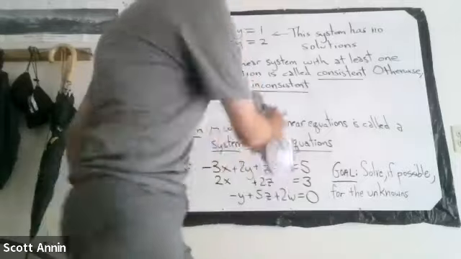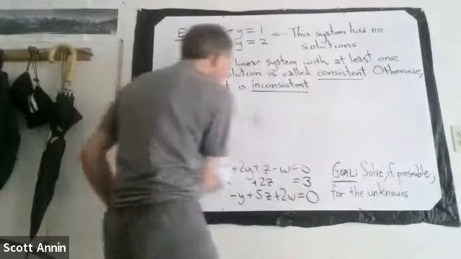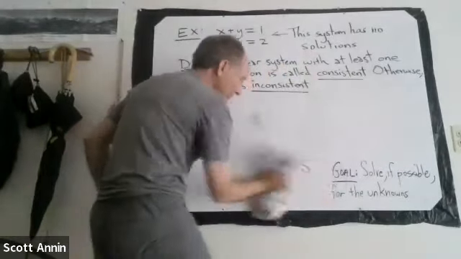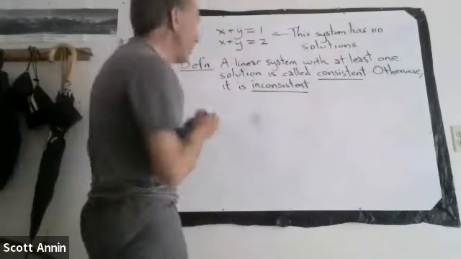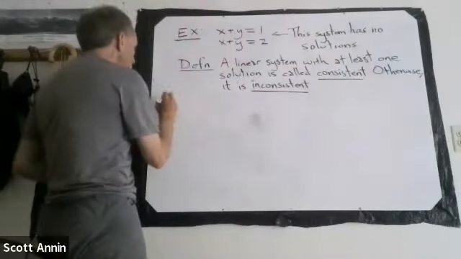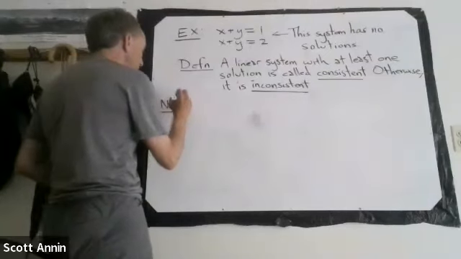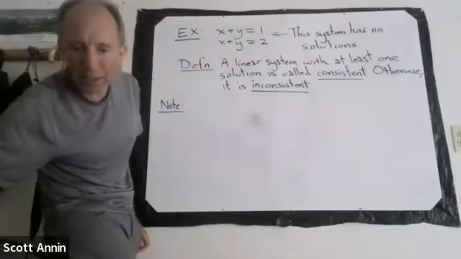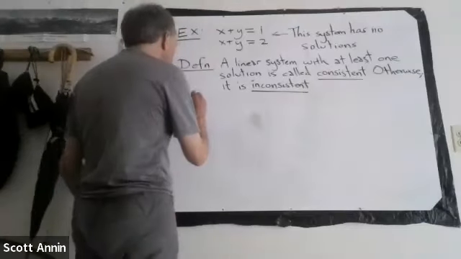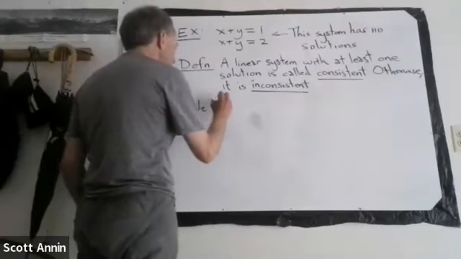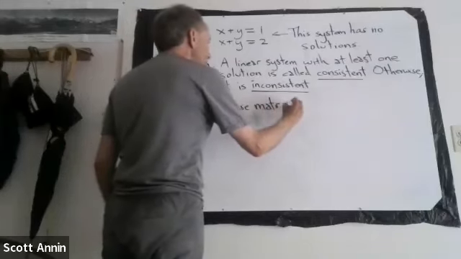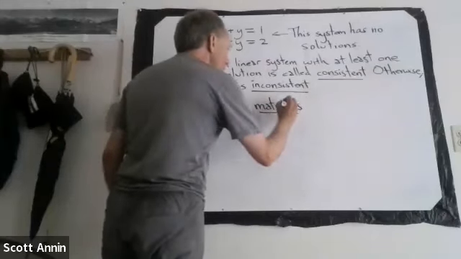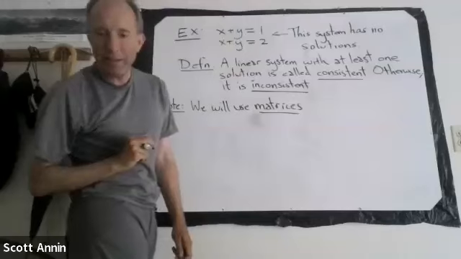So let me write that down, and then I'll put a formal definition of a matrix down for you. Just to lay the groundwork, I'm going to make a note. It's worth recording that we will use matrices. The word matrix has a plural, and the plural is matrices, right?